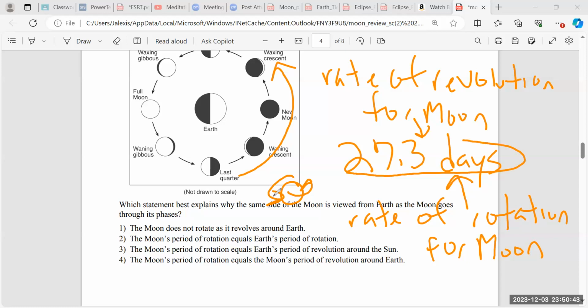Because the rate of revolution is equal to the rate of rotation, that's why we see the same side of the moon. And that means our answer is going to be choice 4. The moon's period of rotation equals the moon's period of revolution.